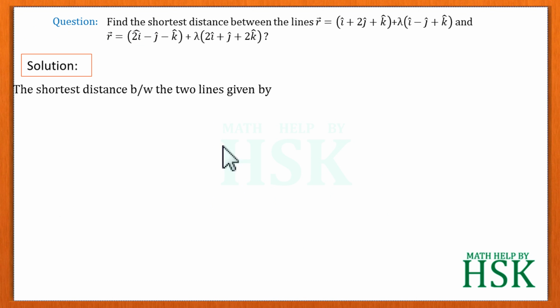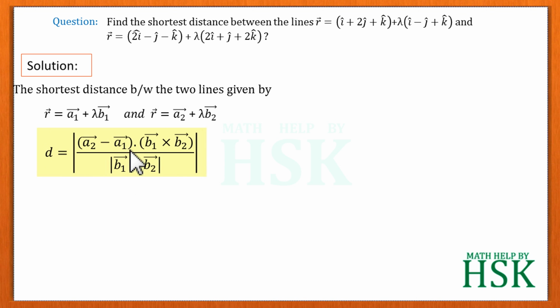Now, if we have two lines, r = a1 + λv1 and r = a2 + λv2, then the shortest distance between the two lines is given by d = |(a2 − a1) · (b1 × b2)| / |b1 × b2|.